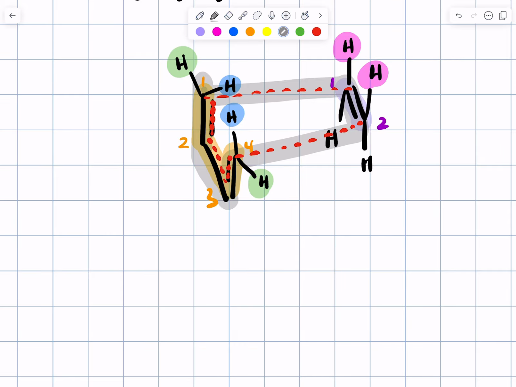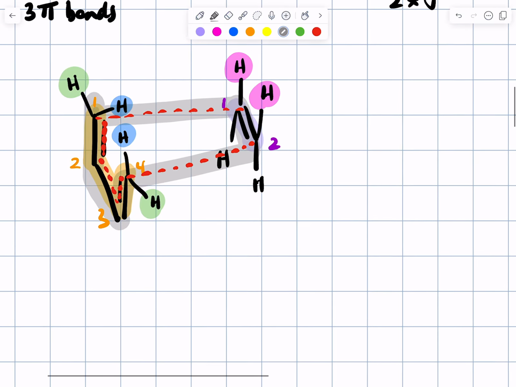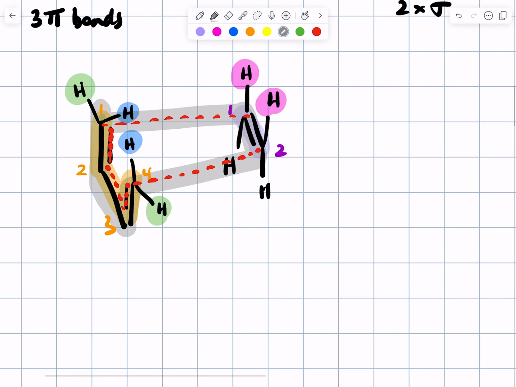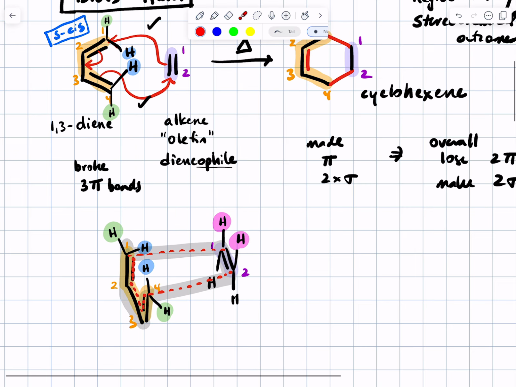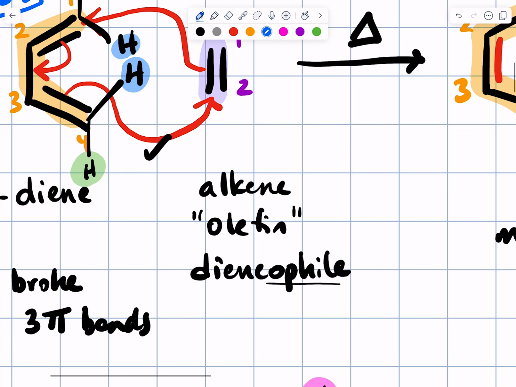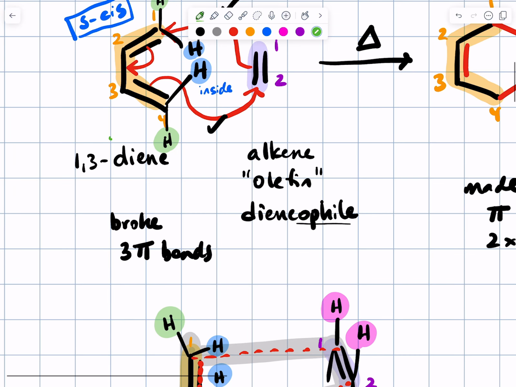Now, I need you to notice a couple of things. First, notice the two groups that are blue that were pointing inside in the S-cis conformation of the diene: blue is the inside group, green is the outside group.